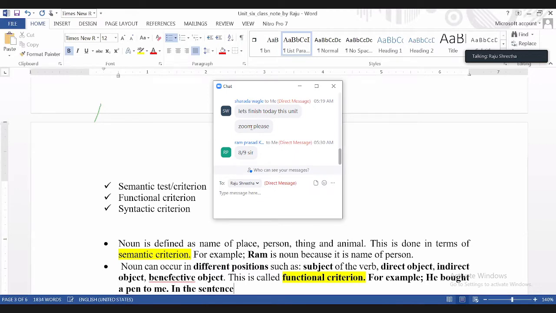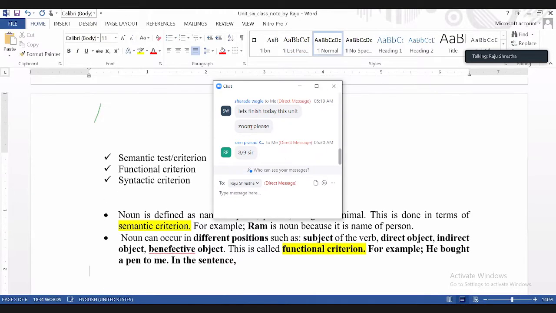Katiwata cha object, can you write in the chat box? Two, yeah there are two, yes. What are they?